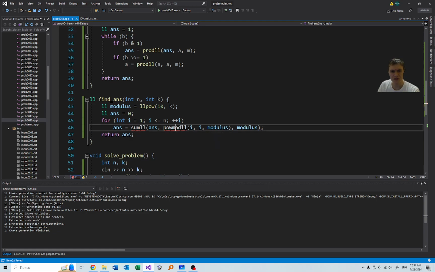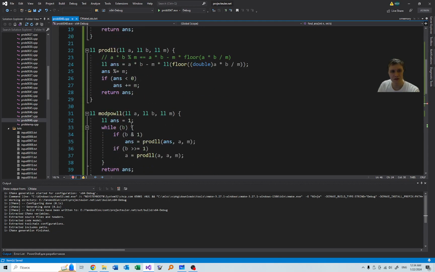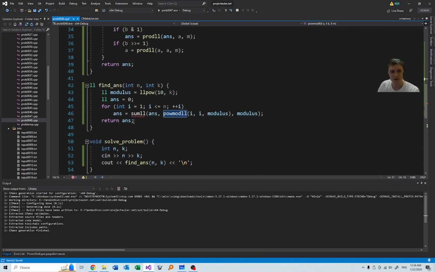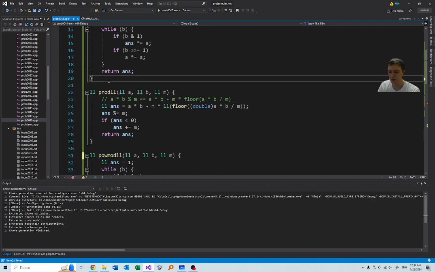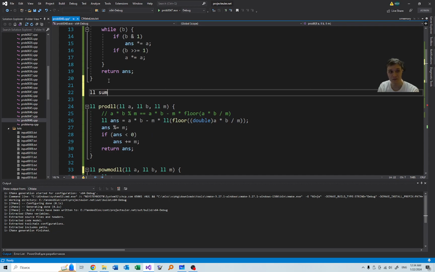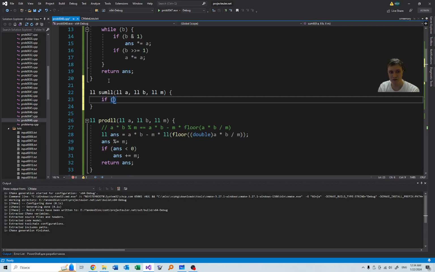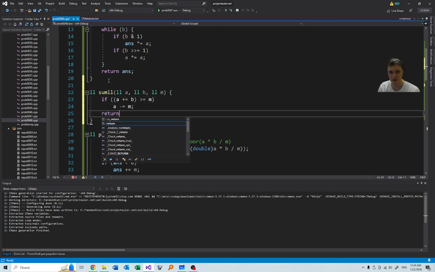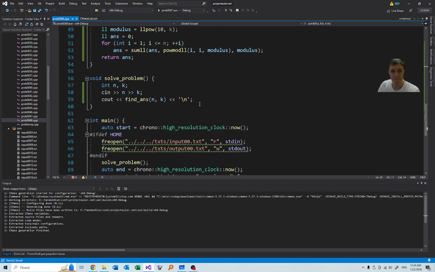Now we need these two functions. This is already done, and finally we need sum LL, which is simply if a plus equals b is at least m, a minus equals m, return a. That's it. Now we can find the answer.